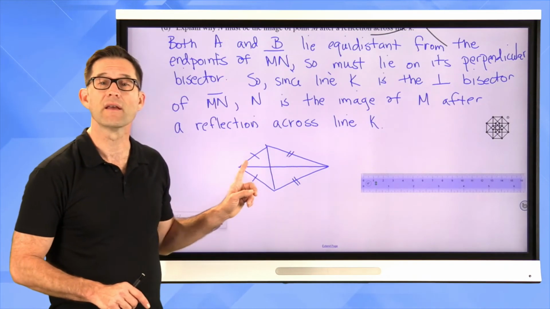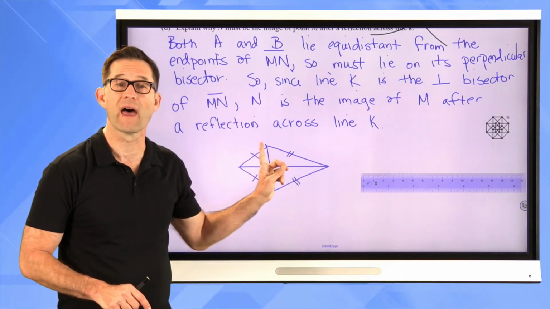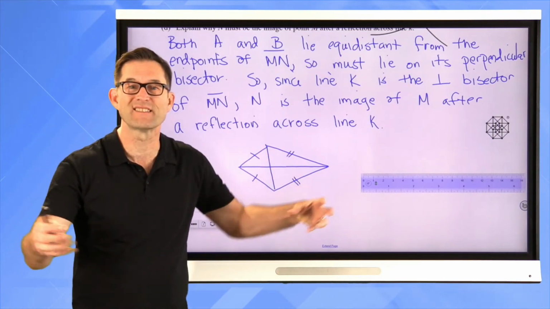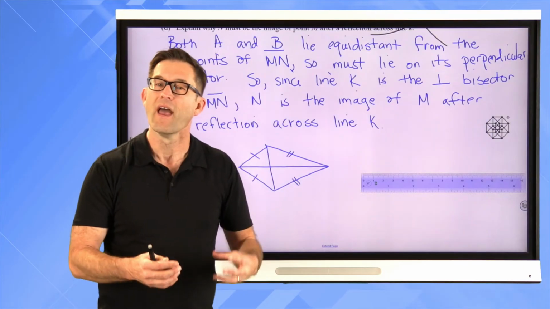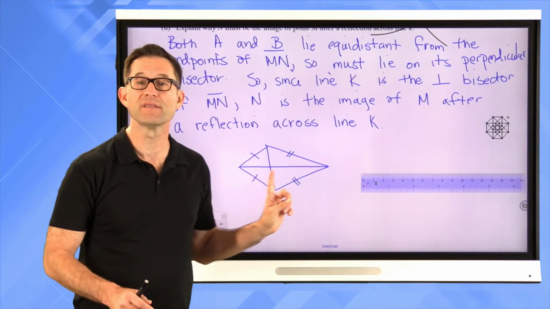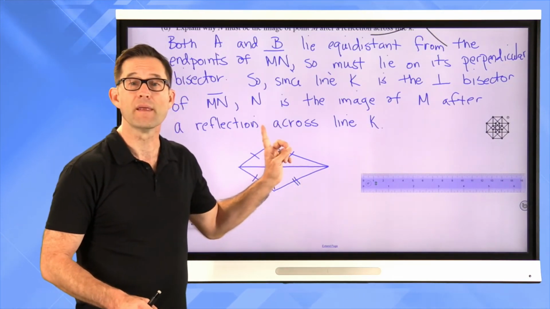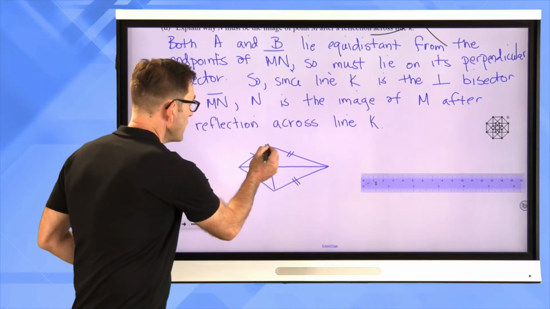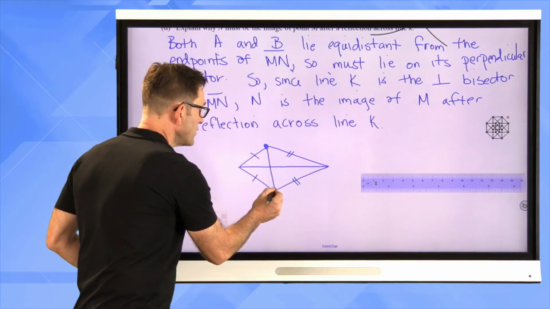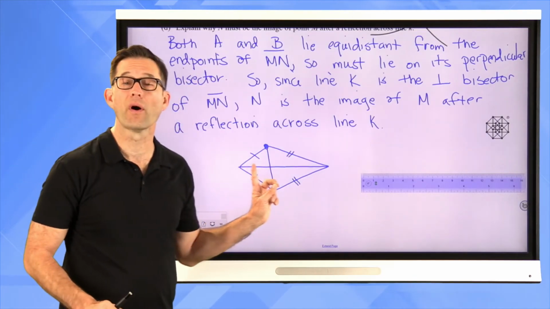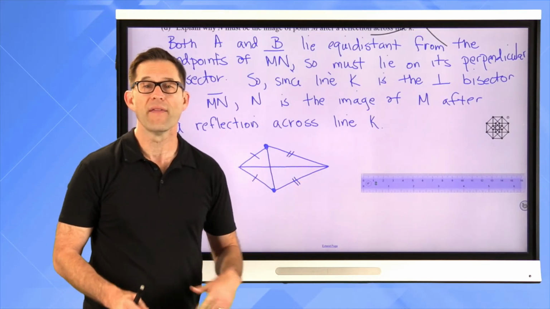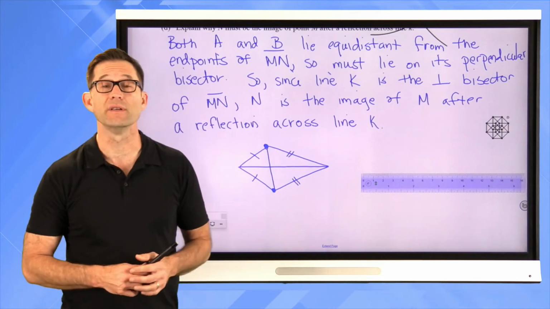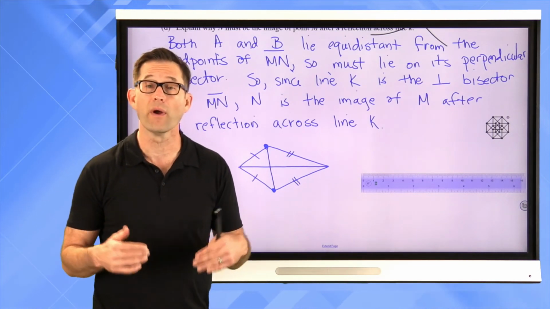It's like taking two isosceles triangles that have equal length bases and sticking them together. And then because this line is the perpendicular bisector of this particular segment, these two points are each other's reflections across that particular line.